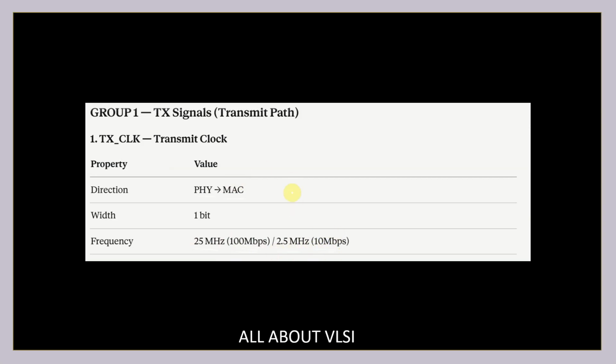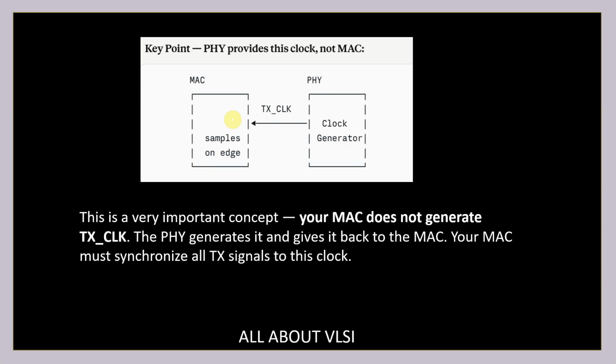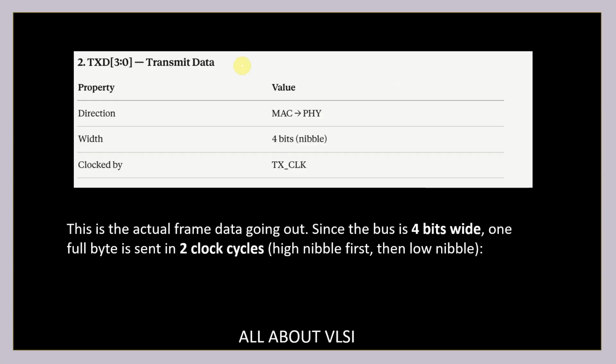This is very important: our MAC, or the Verilog code we are going to develop, is not going to generate any clock. The physical chip generates the clock using crystal oscillators and gives that generated clock to our MAC.